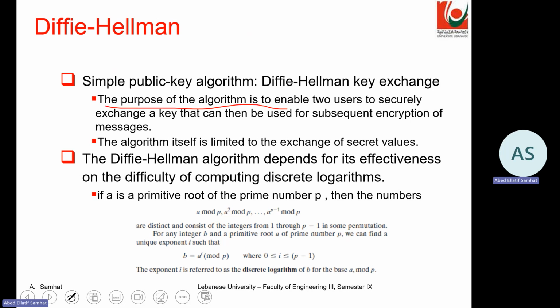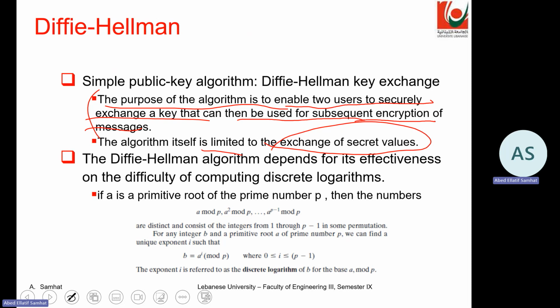The objective of the algorithm is to enable two users to securely exchange a key that can then be used for subsequent encryption of messages. So they exchange the secret key, and after that they can use another encryption algorithm using the secret key. The algorithm itself, as we said, is limited to the exchange of the secret key.